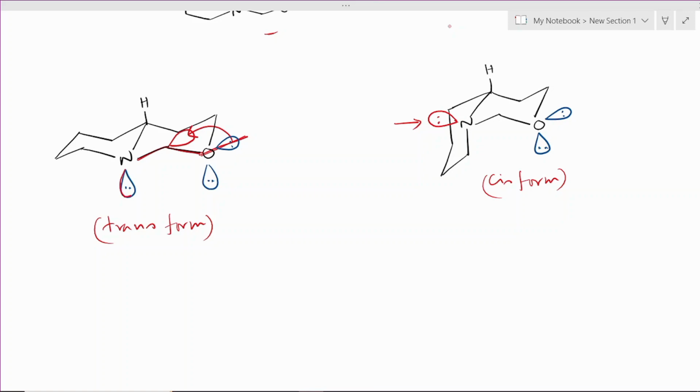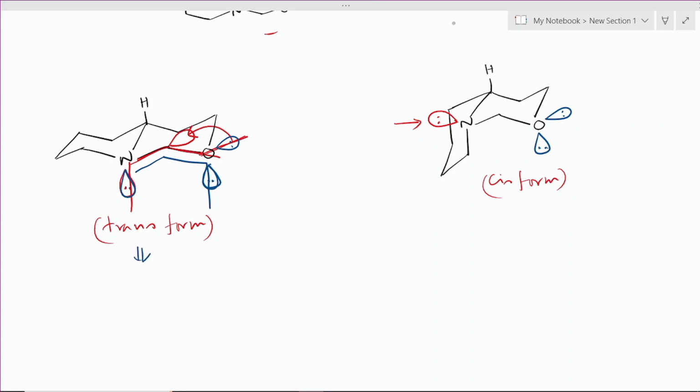But this lone pair does not involve in the anomeric effect because this is not anti-periplanar position. Similarly, this lone pair also does not involve in the anomeric effect because this is not anti-periplanar position.